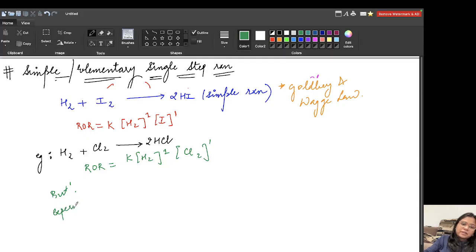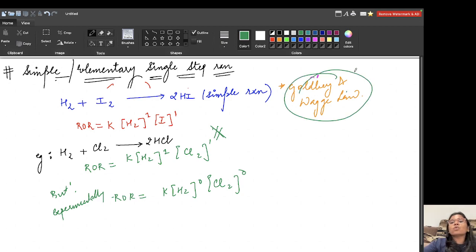Experimentally, it was seen that my rate of reaction was not dependent on anything. So this confirms that this reaction is not a single step reaction. This law is basically used only for single step reactions.